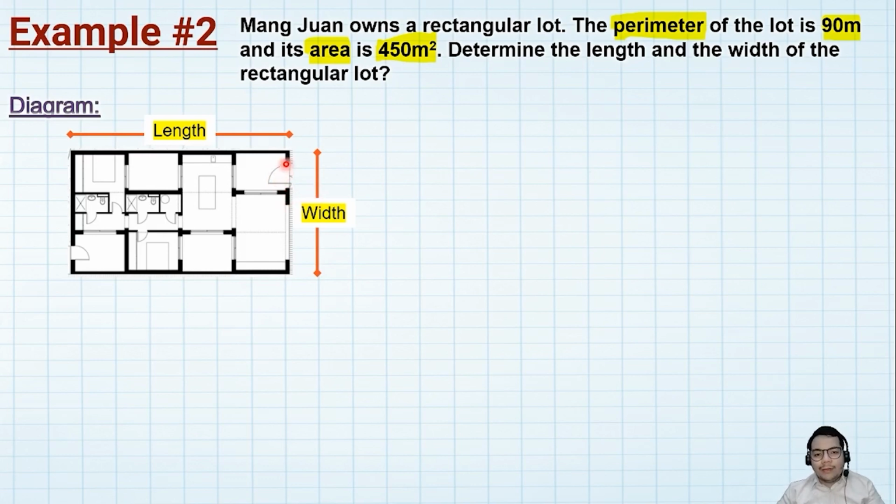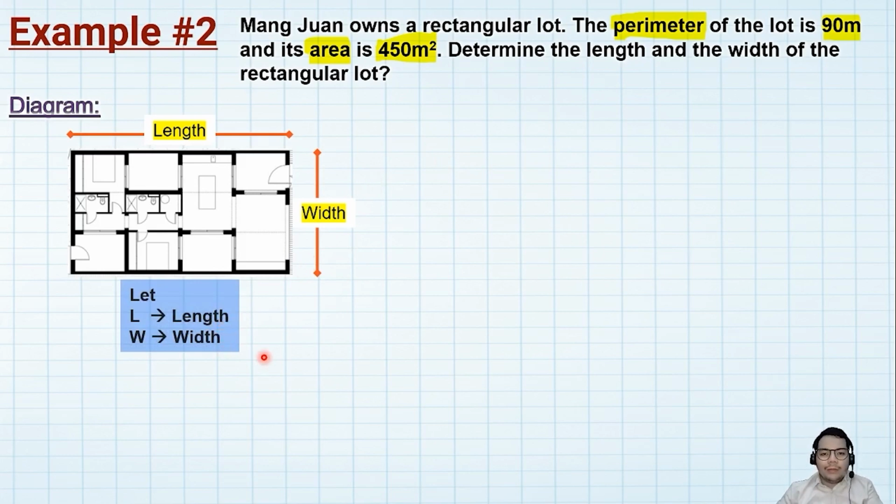Pero, the difference is, wala namang statement dun sa problem na nagsasabi kung ano yung mas mahaba, length ba or width. So, this is just a representation. Mamaya malalaman natin kung sino yung mas mahaba. For now, we can once again represent the length and the width as the variables L and W.